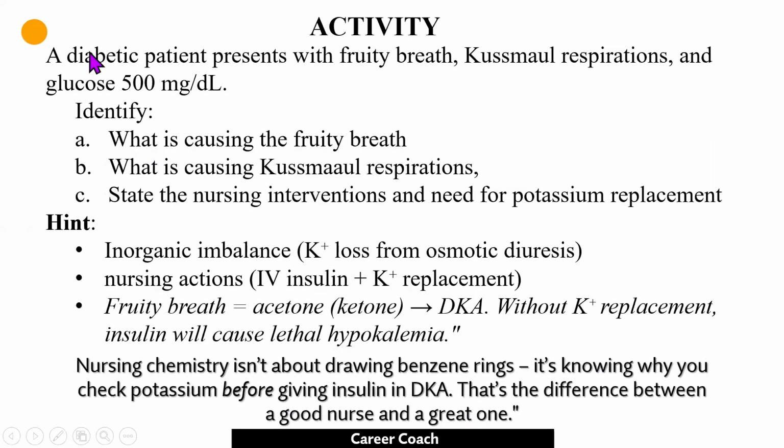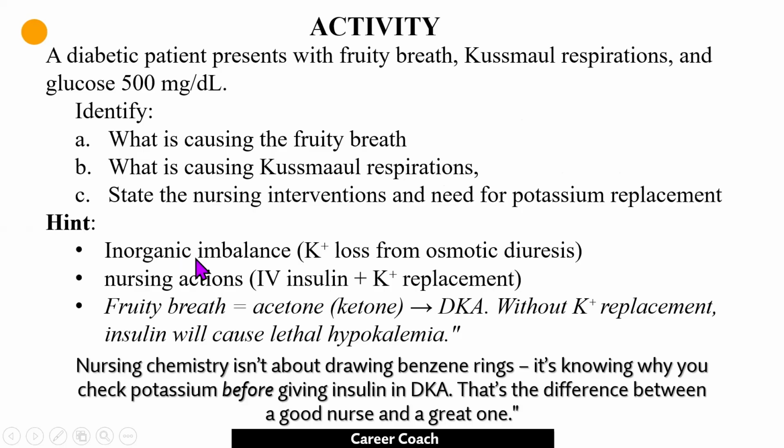Activity. This is relevant for your practical. A diabetic patient presents with fruity breath, pulmonary respiration, and glucose 500 mg per dL. Identify what is causing the fruity breath. What is causing pulmonary respiration? C. State the nursing interventions and need for potassium replacement.